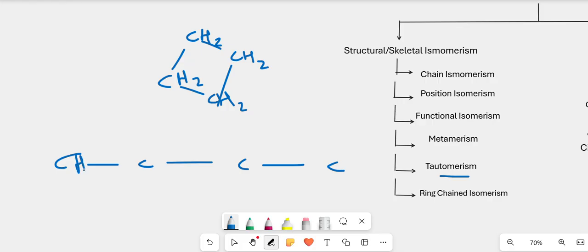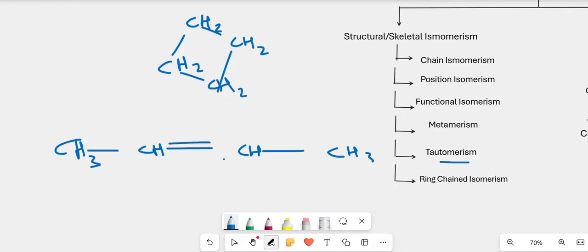So just place three hydrogens here. So six, we have two left. So H and H, and we can balance it by this one. So this carbon one, two, three, four, balanced. You can see these are two molecules.